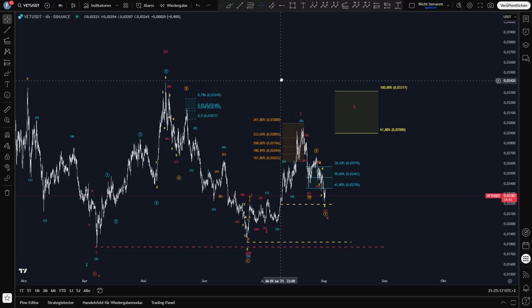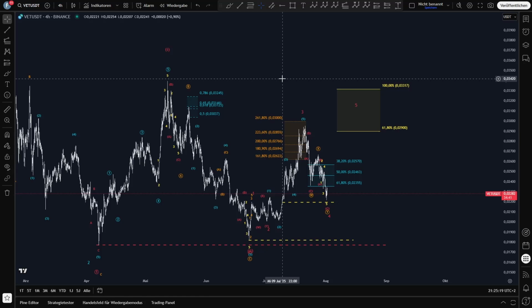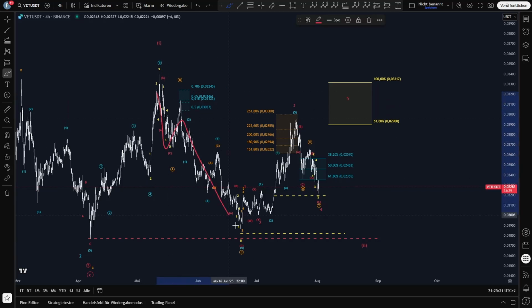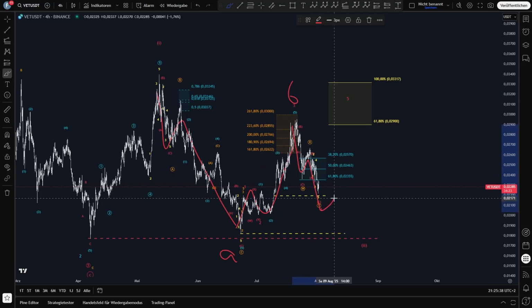But what other possibilities we have bullish wise? So I mean, we could say maybe this red wave 2 hasn't found an end, so we would be in a larger ABC, for example. So a 3-wave move in the wave A, a 3-wave move in the wave B, and then a 5-wave move in the wave C. But then we have not that much space for this 5-wave move to the downside in a wave C for our wave 2.